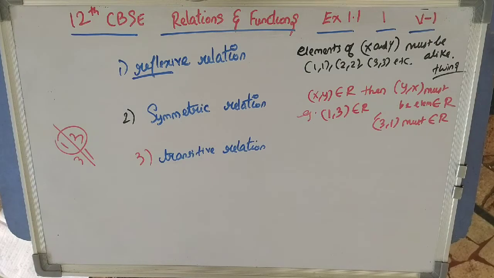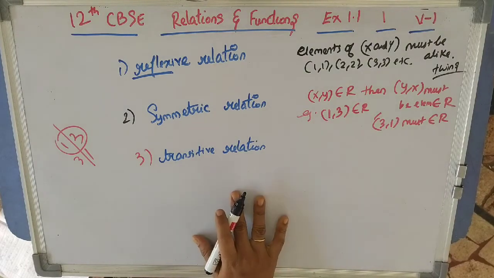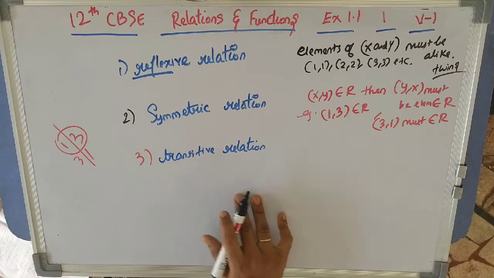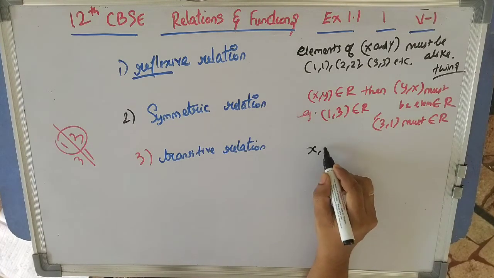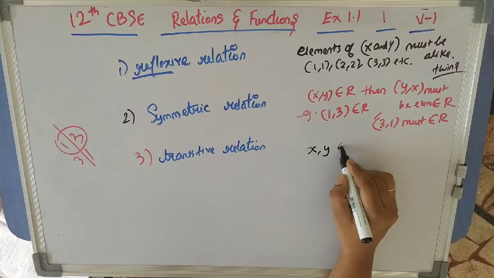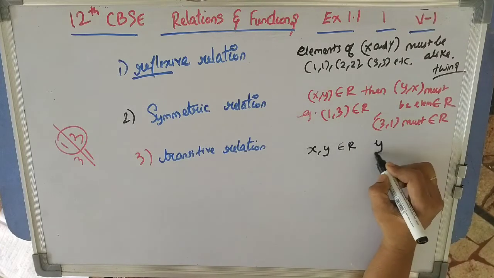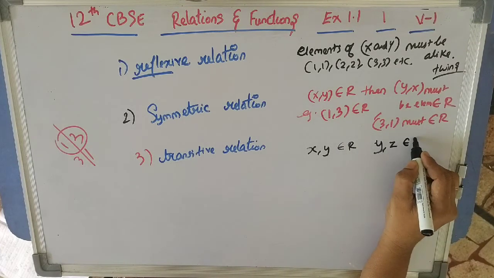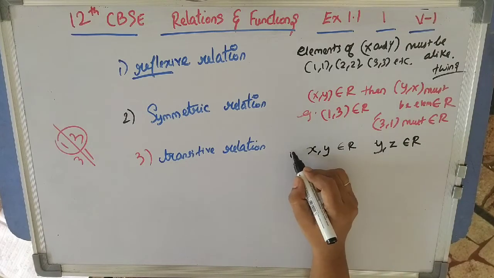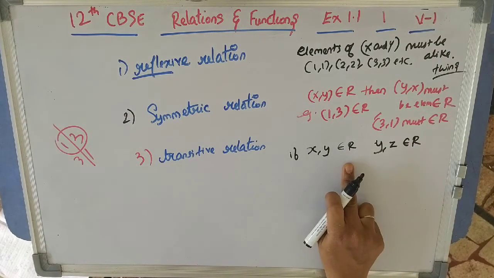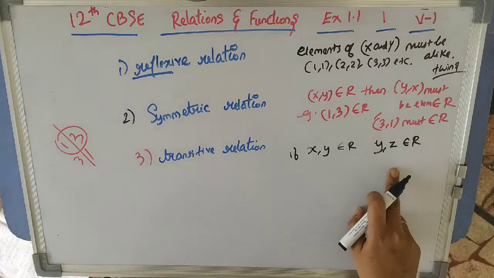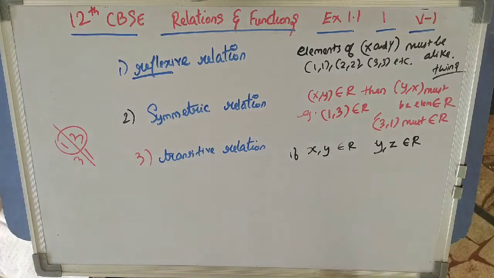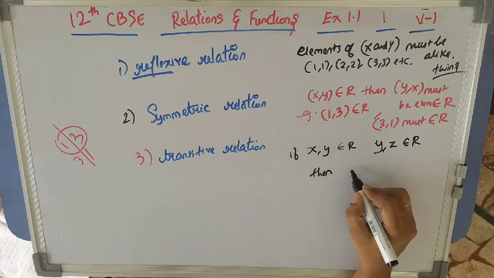Now we can learn about transitive relation. It is very simple. If x comma y is an element of R, and y comma z is also an element of R, that is, in both ordered pairs y is common, you should understand that.